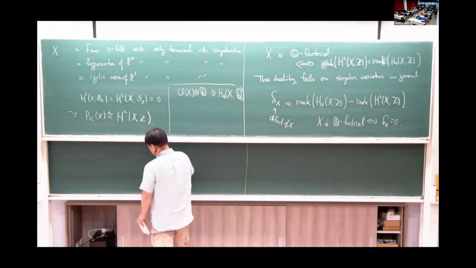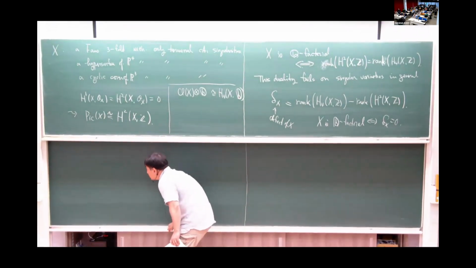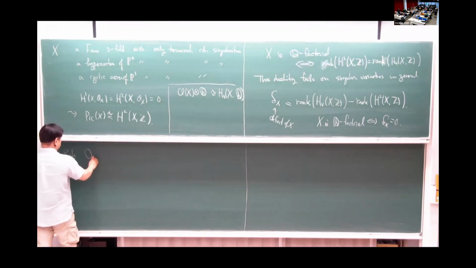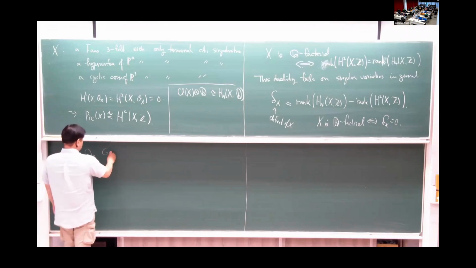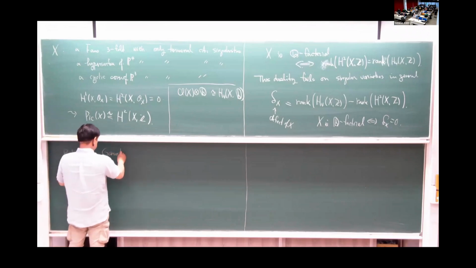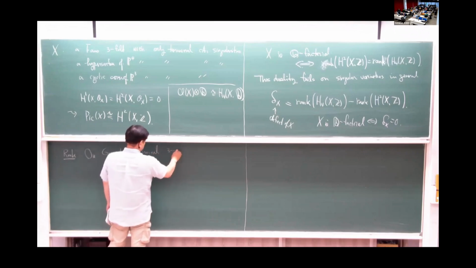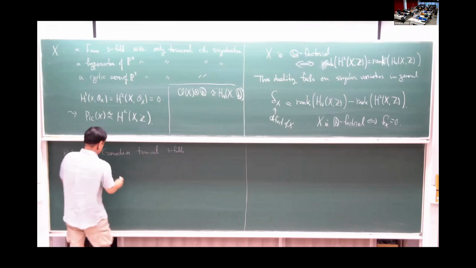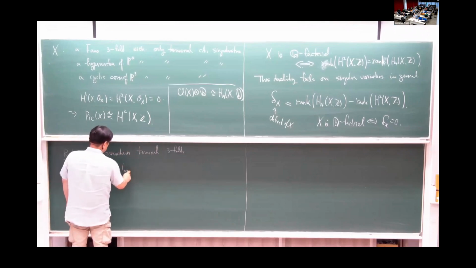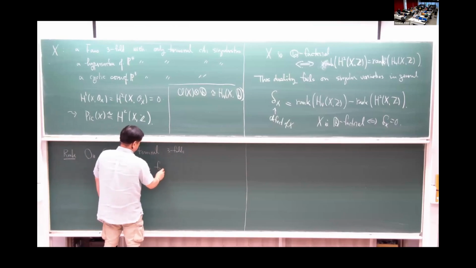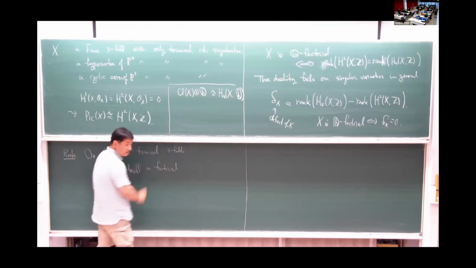All right, and in our case, one remark is that on Gorenstein terminal threefolds, Q-factorial is known to be the same as factorial, so no difference in this case.